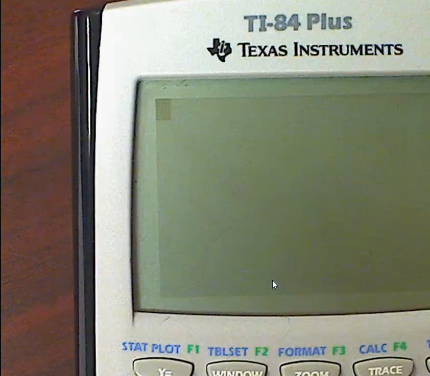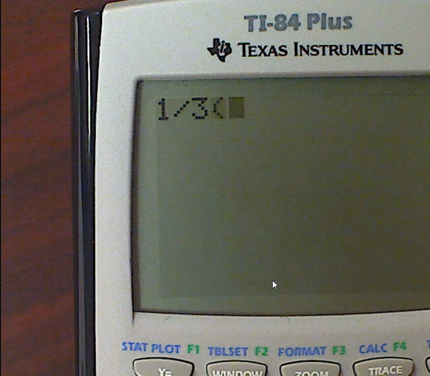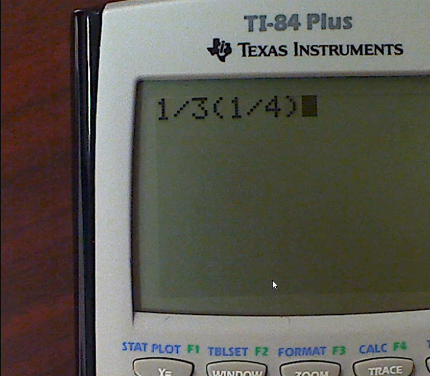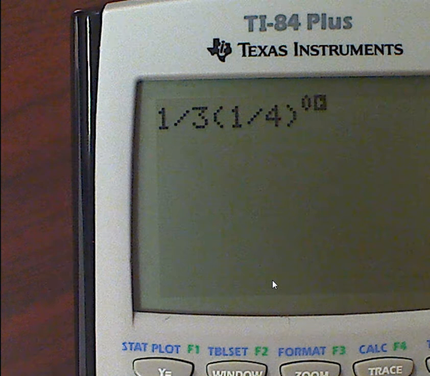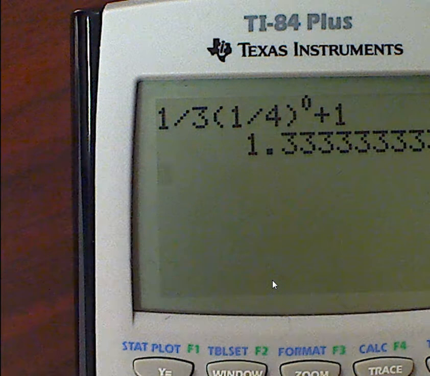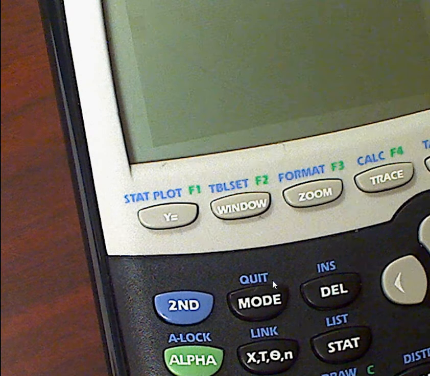So I got 1 divided by 3, parenthesis, 1 divided by 4, and now my x becomes a 0 plus 1. So that's 1.33 repeating. Now what if I plug in 1?